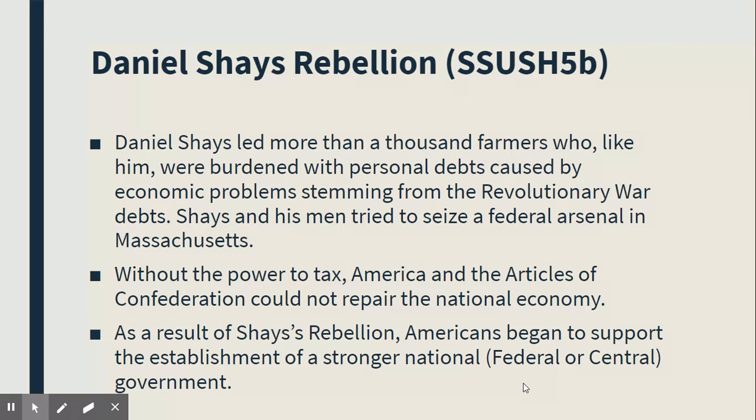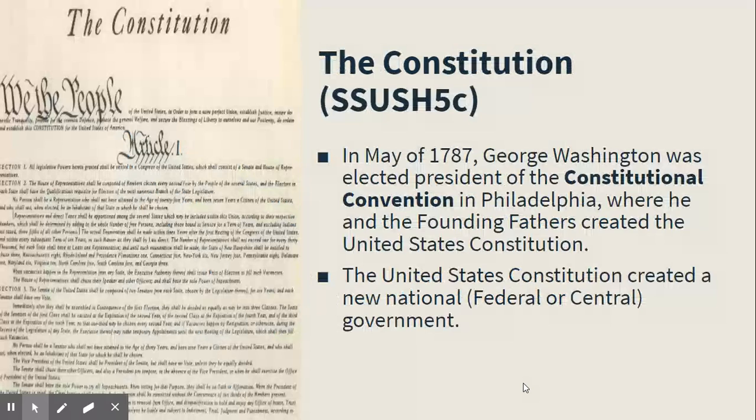Okay, so number 6, the purpose of the Constitution. The Constitution was created so that we would have a new national government. It would be centralized, and it would allow us to have those powers that we didn't have, like having the executive branch, being able to send in the military, and being able to tax and collect money like you should.